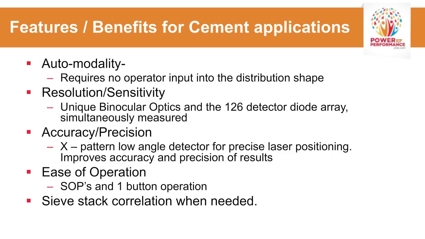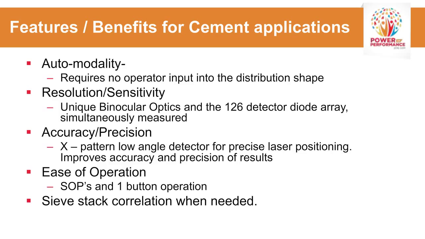Secondly, on resolution and sensitivity, the LS series has what we call unique binocular optics. It allows us to pick up a wide range of light scatter, a wide angular range, that is, and we detect this wide angular range using a 126 detector diode array.